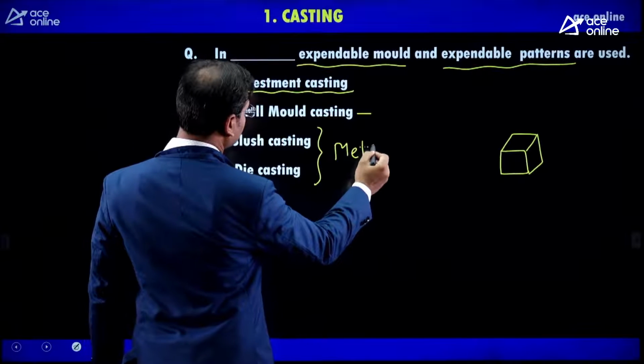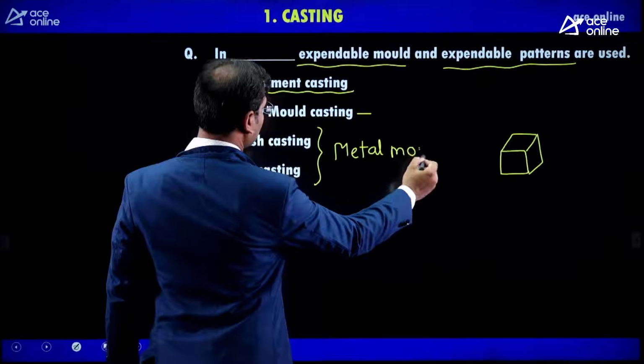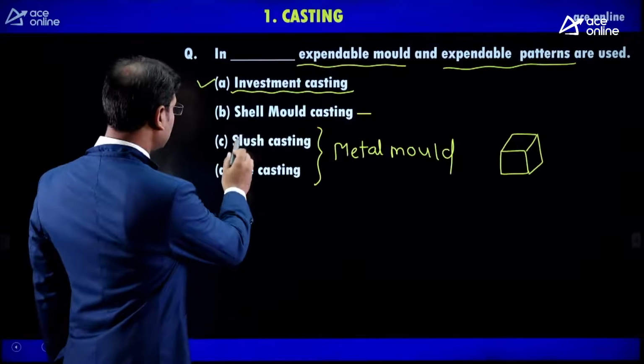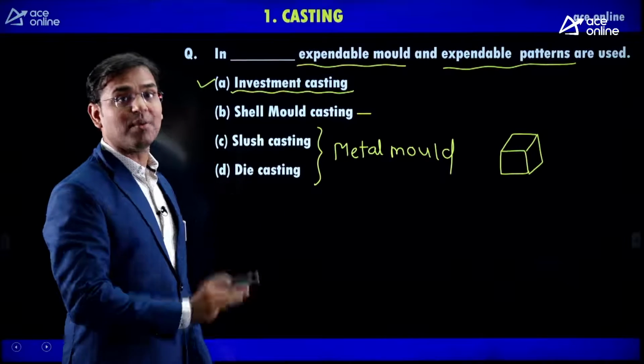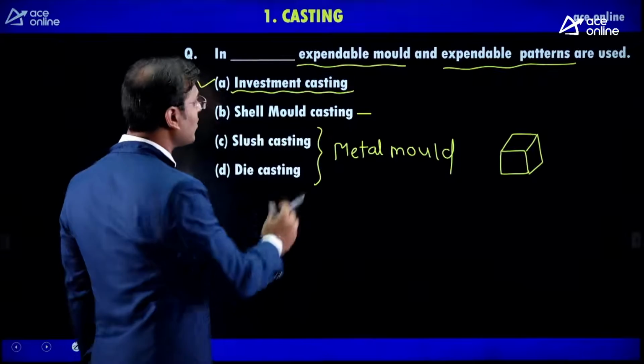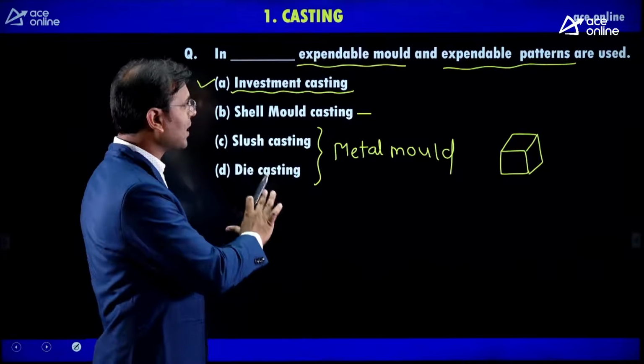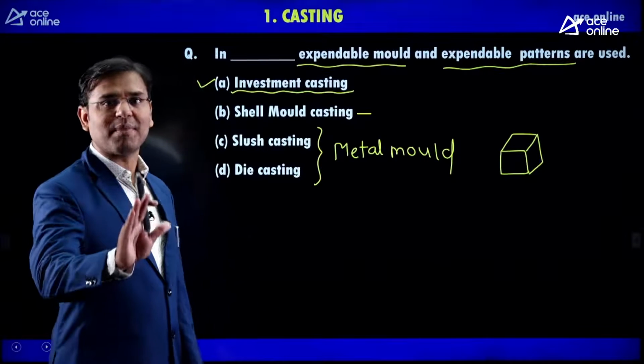And in die casting also, the metal mold we are going to use, and we are not breaking that metal mold. Then these two processes are not expendable mold processes, but shell mold casting is an expendable mold process, and investment casting is an expendable mold as well as expendable pattern process.